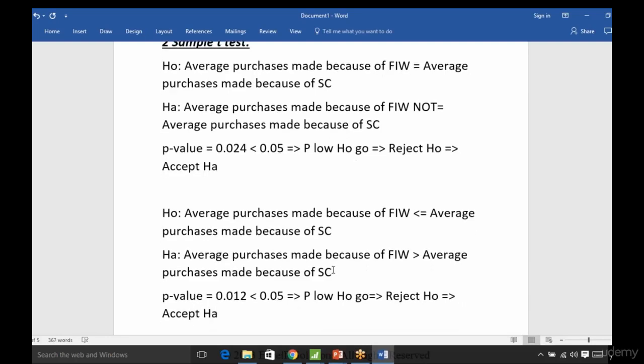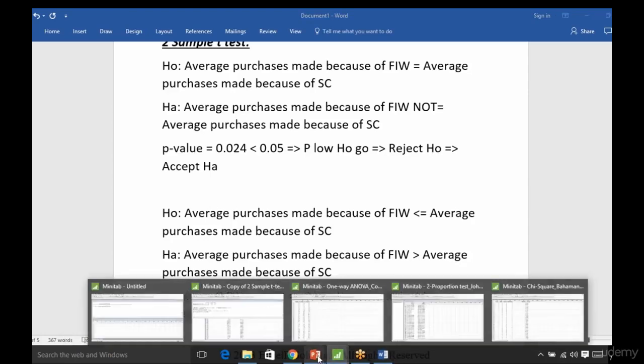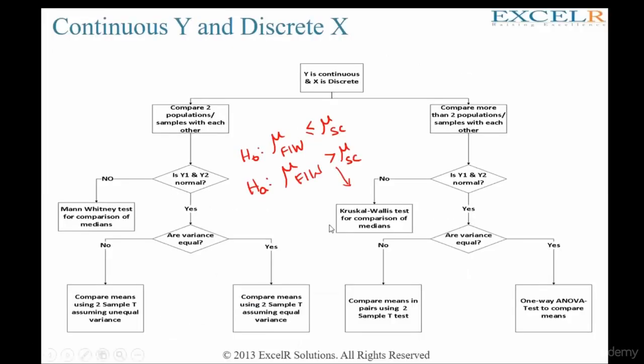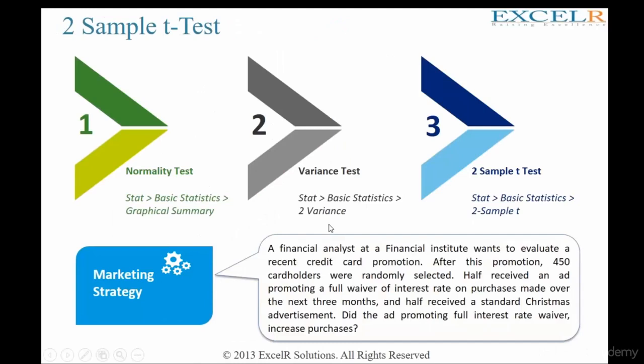And what does your alternate hypothesis say? Average purchases made because of full interest rate waiver is greater than average purchases made because of standard Christmas promotion. Job done. So we will go back to the financial analyst and say, hey, you're now good to launch the advertisement in a full-blown way for full interest rate waiver and will be profitable.